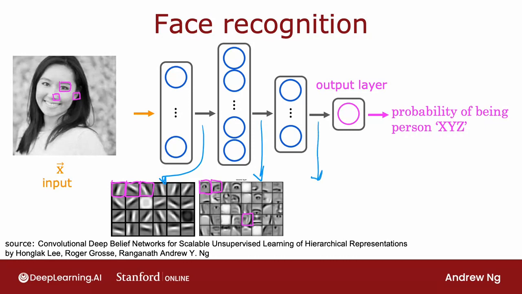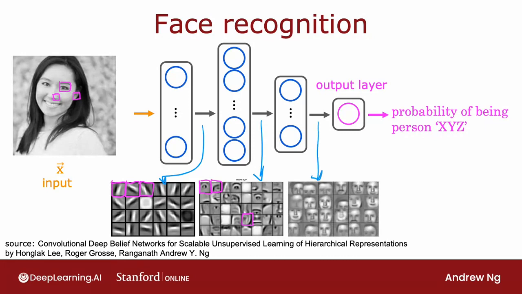And then as you look at the next hidden layer, in this example, the neural network is aggregating different parts of faces to then try to detect the presence or absence of larger, coarser face shapes. Finally, detecting how much the face corresponds to different face shapes creates a rich set of features that helps the output layer try to determine the identity of the person pictured.